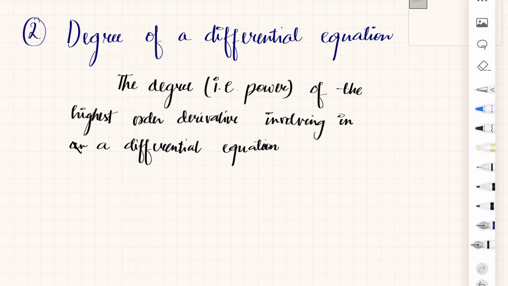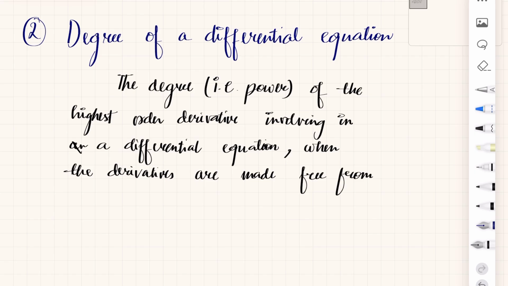Okay, so I'm not finishing this definition yet. We need to add something, that is, when the derivatives are made free from radicals and fractional powers.